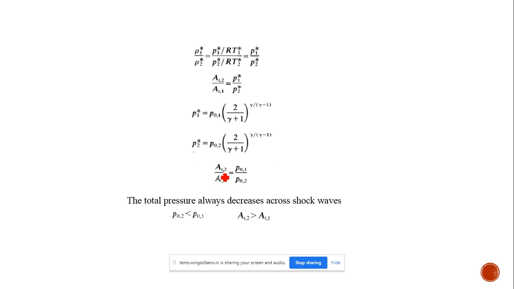So from this equation we can straight away write At2 divided by At1 equal to p01 divided by p02. The total pressure always decreases across shock waves, so p02 will be less than p01, so automatically we can write that At2 will be greater than At1. This is the relation.